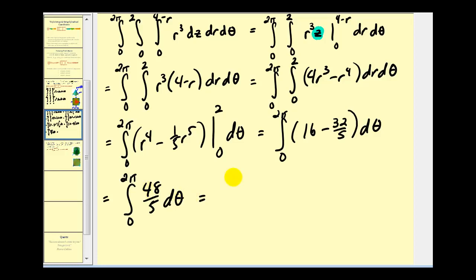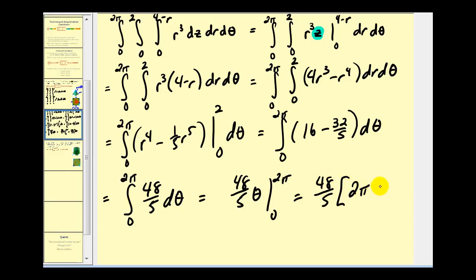Now we integrate with respect to theta. So we have 48 fifths times 2 pi. Put this over 1, it's going to give us 96 pi fifths.